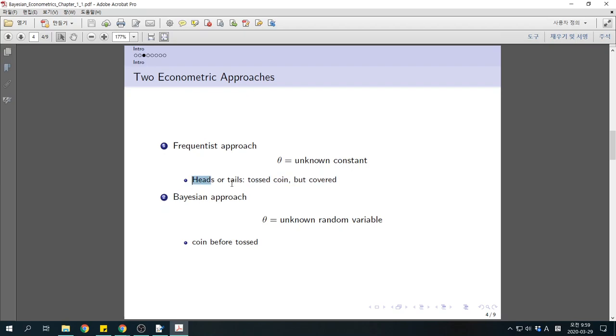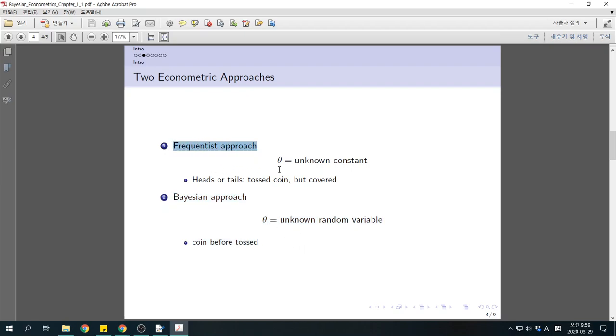Whether it's hidden or before it's tossed, from the point of view of your friends, they are the same, right? So whatever is hidden, whatever is realized or not, as long as it's unknown, in the Bayesian approach it's taken as a random variable. This is the Bayesian approach.